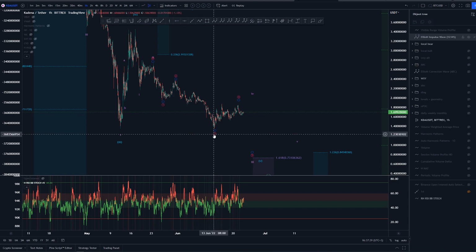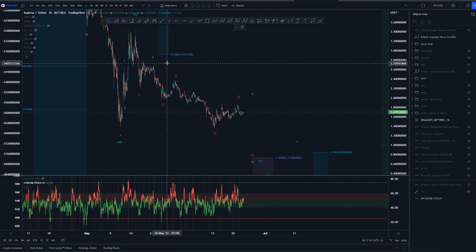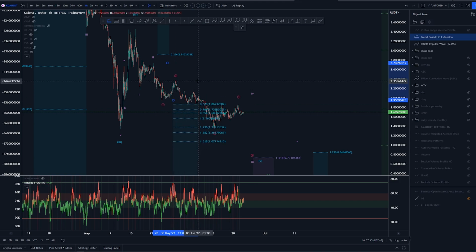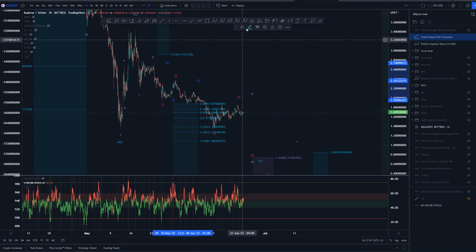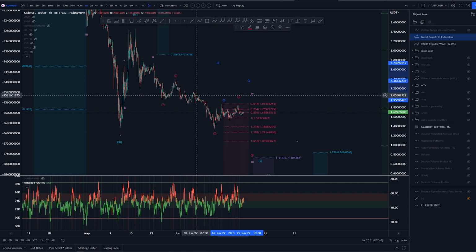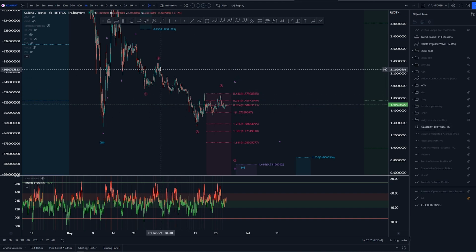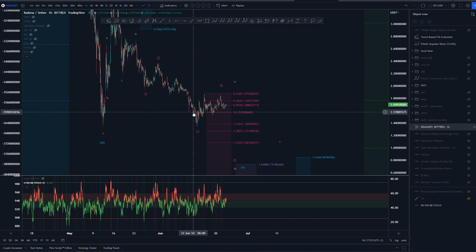Again, is even wave 3 done here? I'm not sure. We don't probably get even close to the 1.618 extension here. No, we don't. 1.618 is way down there. So again, we could be having another extension here, but it is possible to say 1, 2, poof.